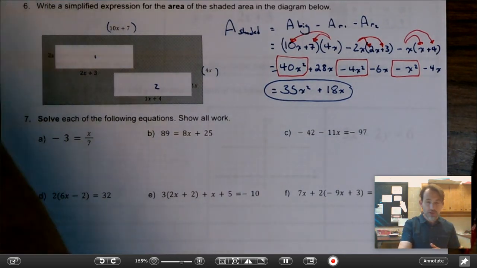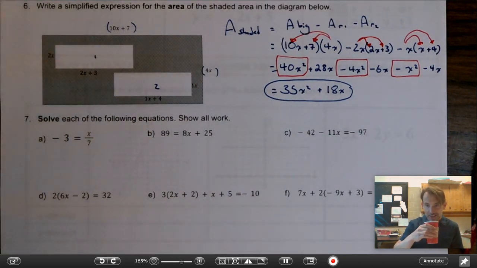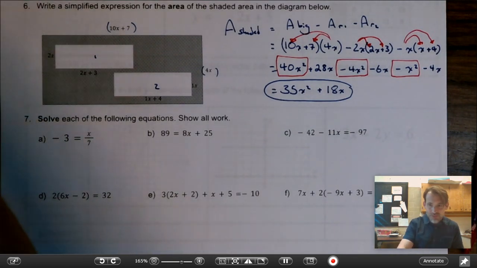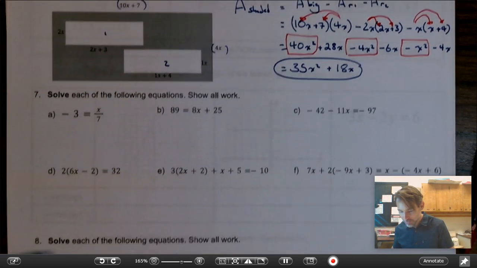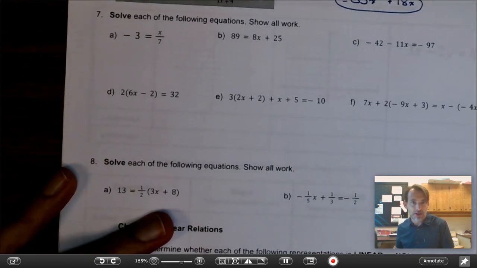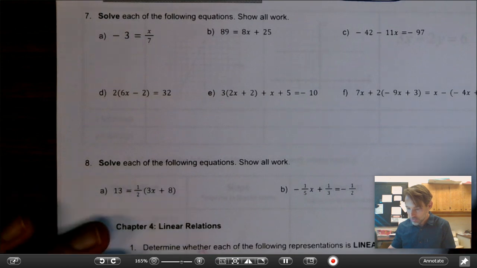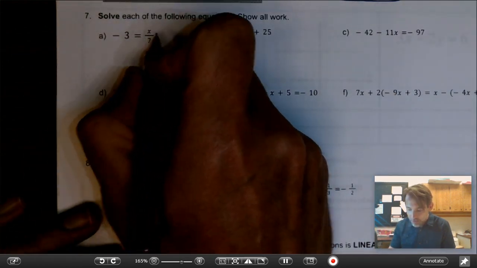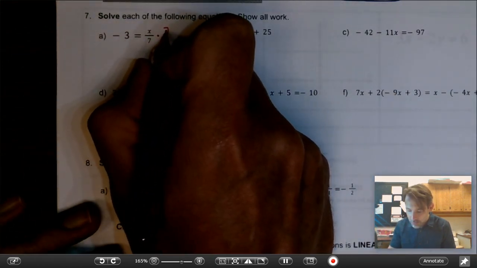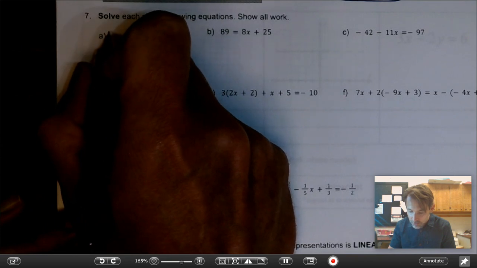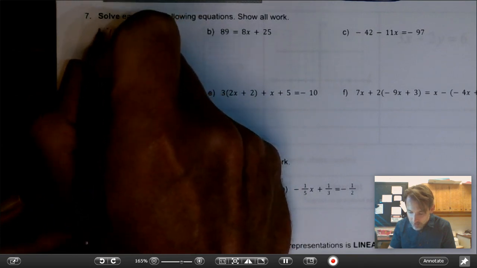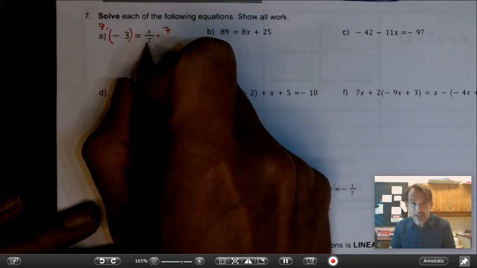All right, so now we've done some applications with algebraic expressions. And let's go to the next row. All right, so now here, solve each of the following equations and show all work. Okay, great. All right, here I'm going to multiply both sides by 7 because I notice that I'm dividing an unknown by 7.